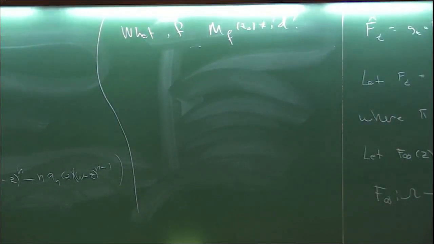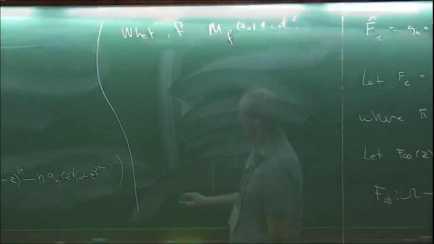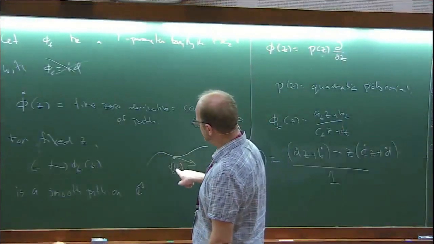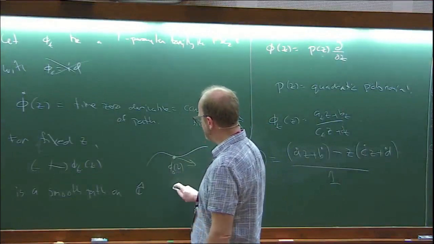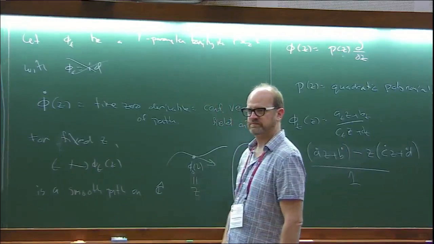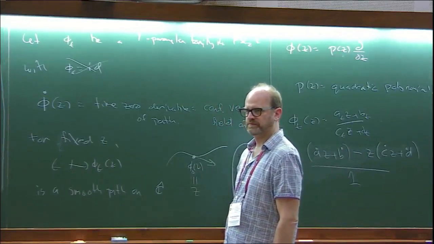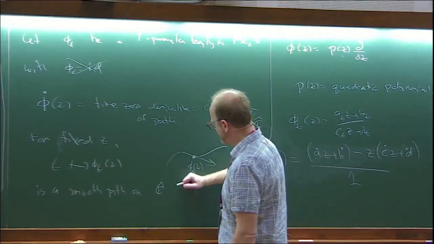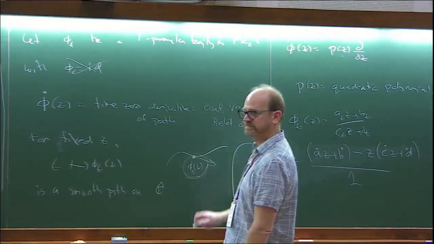What happens over here if we get rid of this assumption? We can do the same thing we did before. We can take this path, we can take the time zero derivative, but if phi naught is not the identity, so when phi naught is the identity, this is equal to z. If it's not the identity, this is just some arbitrary point.